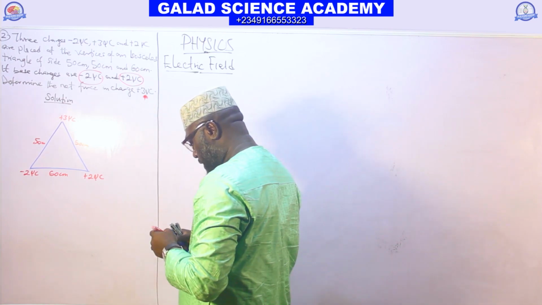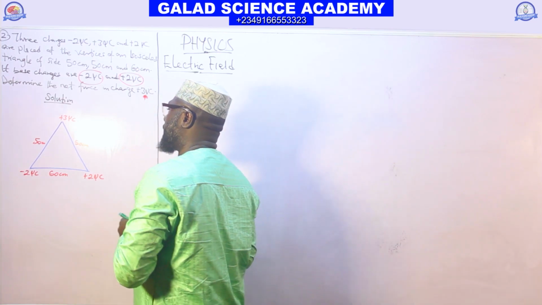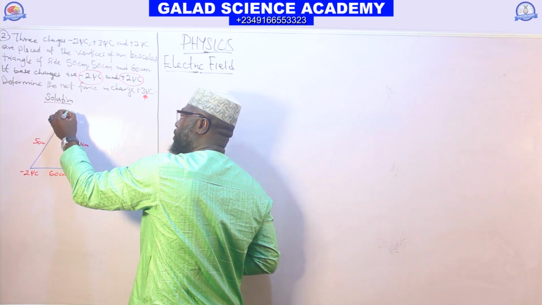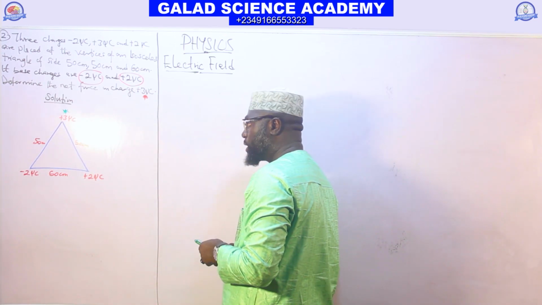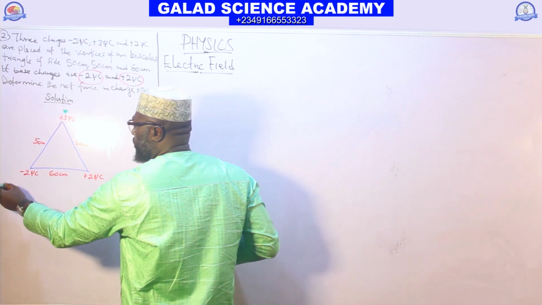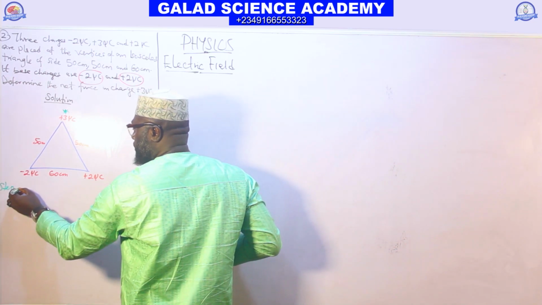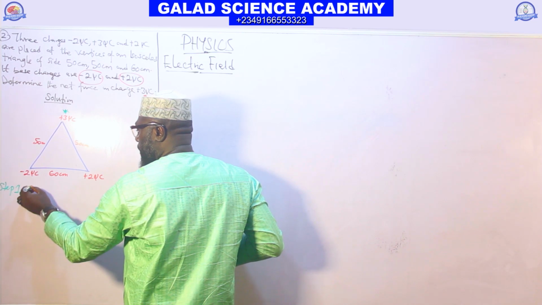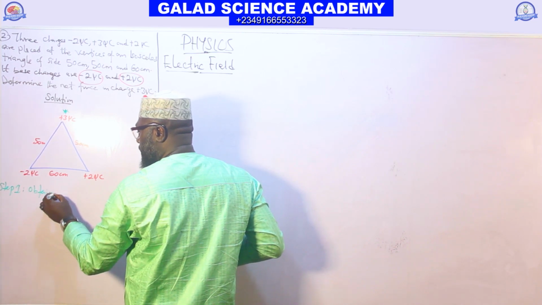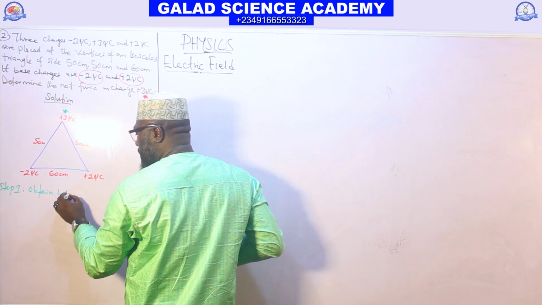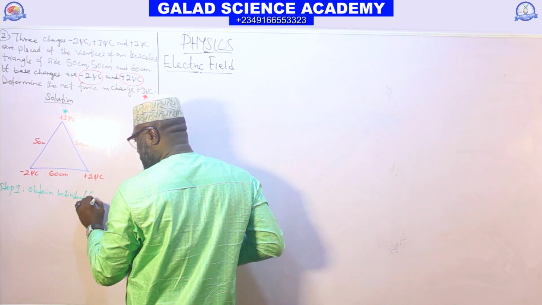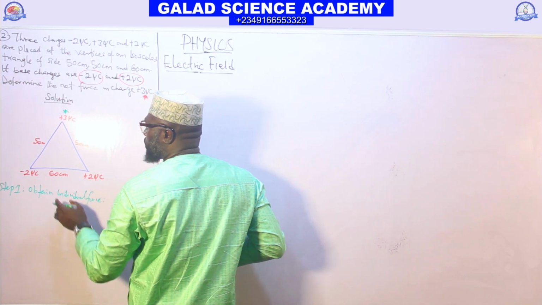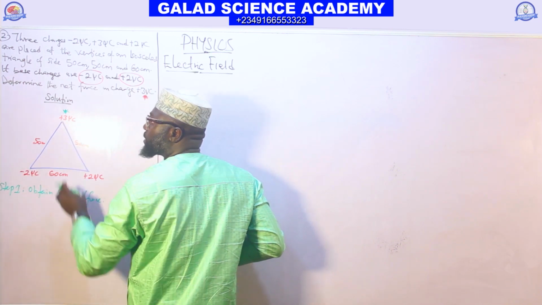So this plus 3 is our target charge. The first thing we do is step 1: obtain the individual forces. So let us find the force between this and this.